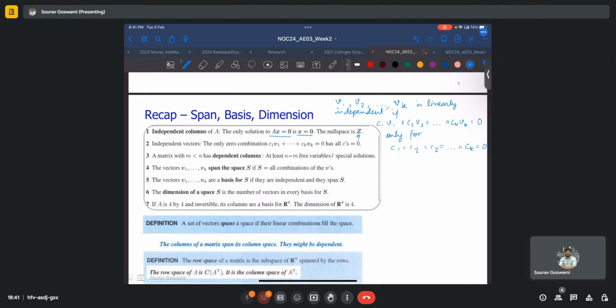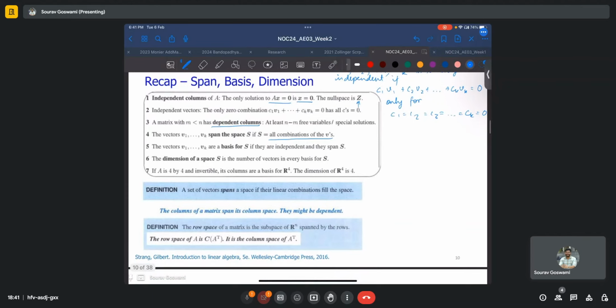Now, any matrix with m less than n has dependent columns, and thus at least n minus m free variables or special solutions exist. The vectors v1 till vk span the space S if S contains all combinations of the v's. The vectors v1, v2, and so on till vk are a basis for S if, A, they are independent, and B, they span S. These are the two criteria.